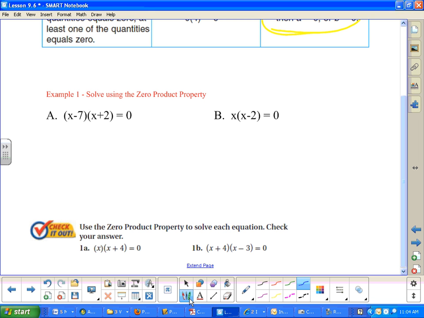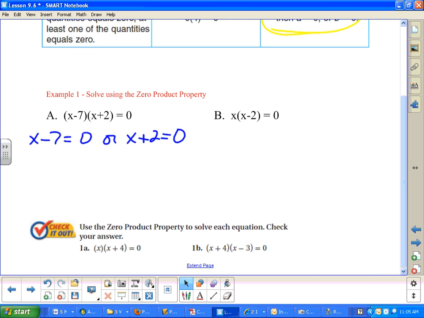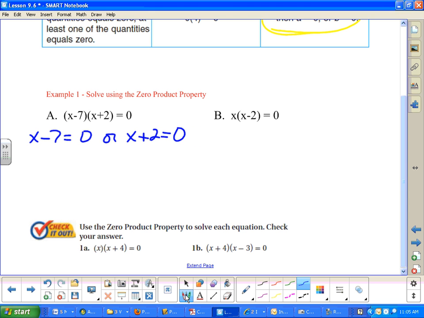So I have two factors here. The two factors are x minus 7 and x plus 2. If I multiply them together and they equal 0, then that means that either x minus 7 equals 0 or x plus 2 equals 0. So then we just solve those two equations.